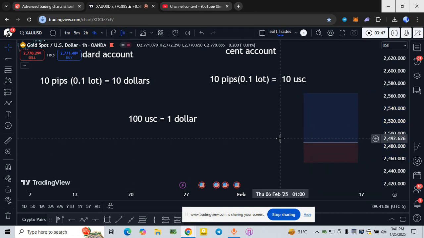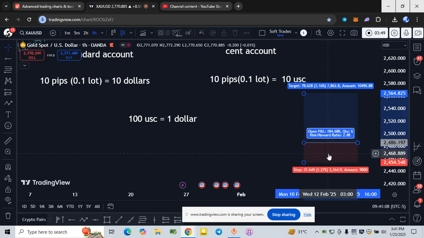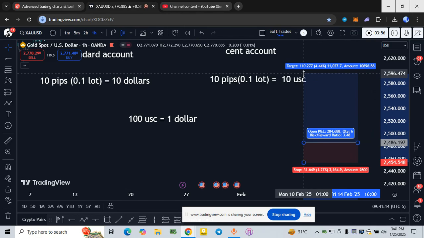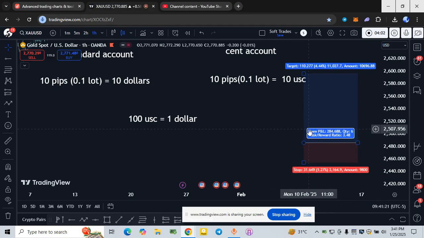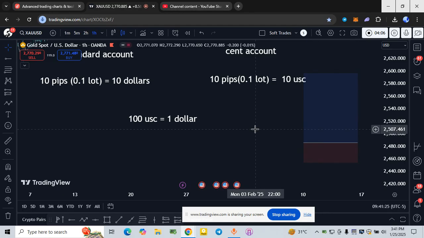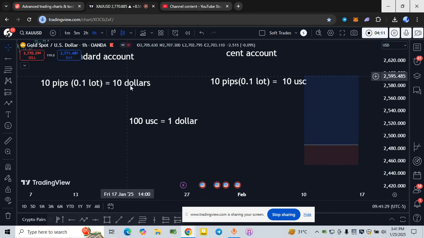Now let's say this is a trade you want to enter and your stop loss over here is 10 pips, and your target over here is 30 pips. So this is a 1:3 risk to reward ratio trade. Now you want to risk 10 pips and you have $100 in your standard account.